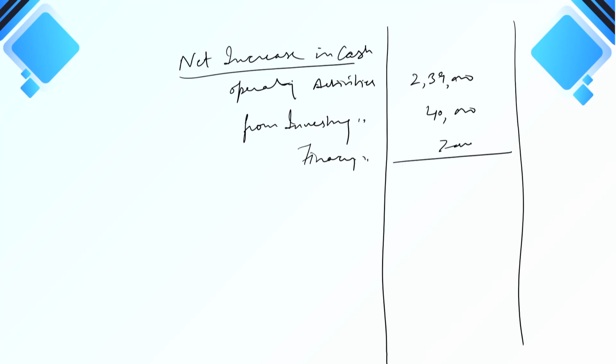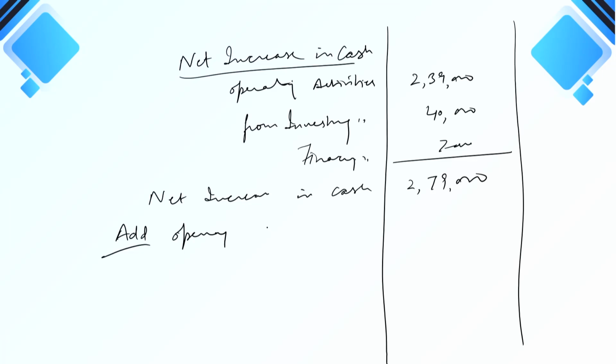So the total of the cash would be 2,79,000. This is showing the net increase in cash, and from the balance sheet we can take up the opening balance of cash given on 31st of March 2022, amounting to rupees 70,000.